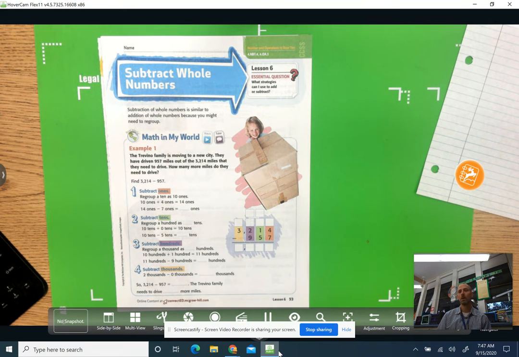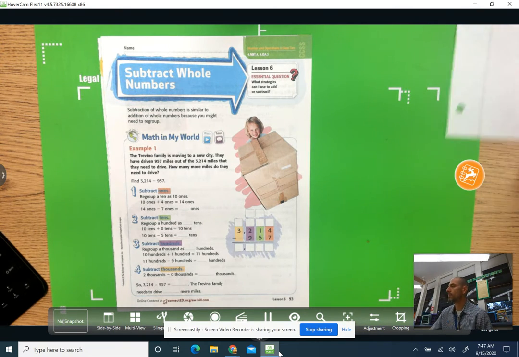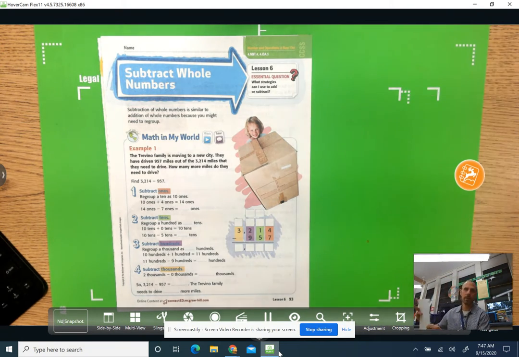You've got to borrow. So that is the trick to subtraction, and really understanding what subtraction is.